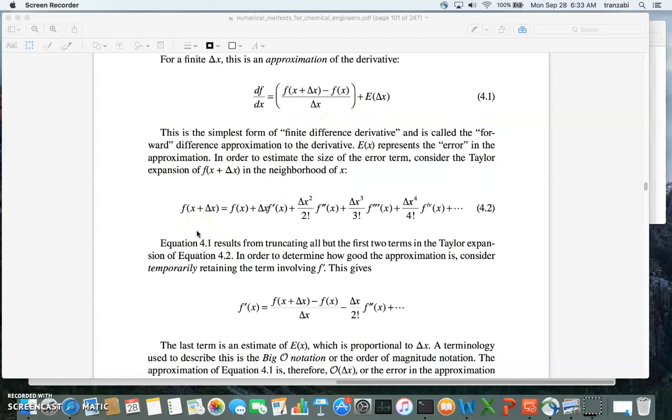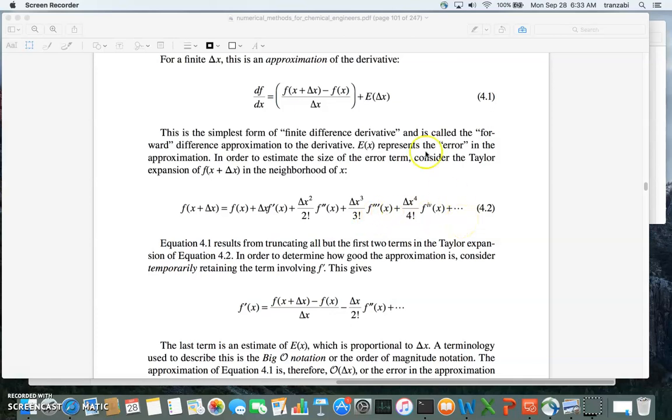So here is a Taylor series of f of x plus delta x, which is equal to the function at x plus, by definition, delta x times the derivative of f, which is f prime, plus delta x squared divided by 2 factorial times f double prime of x, plus delta x to the third power divided by 3 factorial times the third derivative of f with respect to x, and so forth.